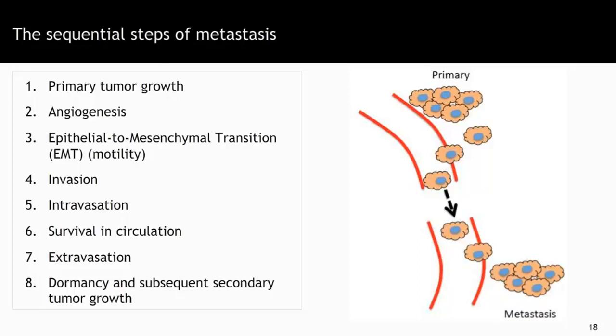The sequential steps of metastasis can be broken into 8 steps: primary tumor growth, angiogenesis or new blood vessel growth to the primary, the cell's acquisition of motility through an epithelial-to-mesenchymal transition, invasion, intravasation into the circulation, survival in the circulation, extravasation out of the circulation, and dormancy and subsequent secondary tumor growth. Let's look at each of these steps in more detail.